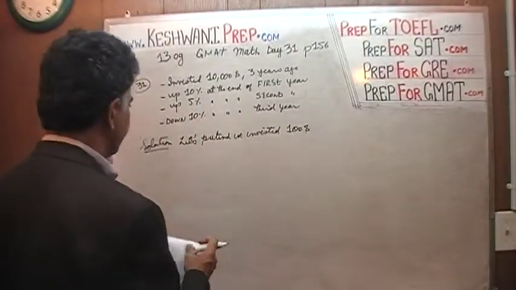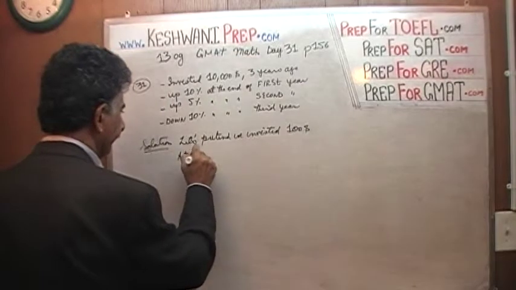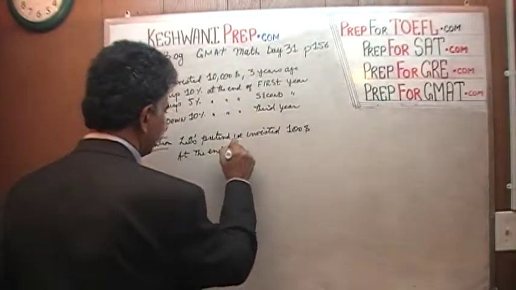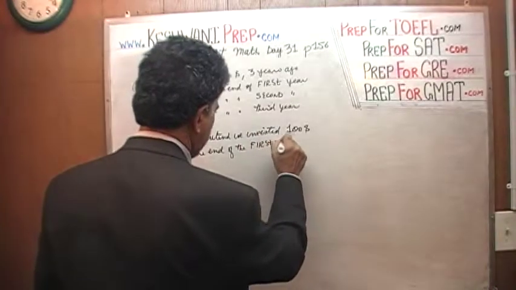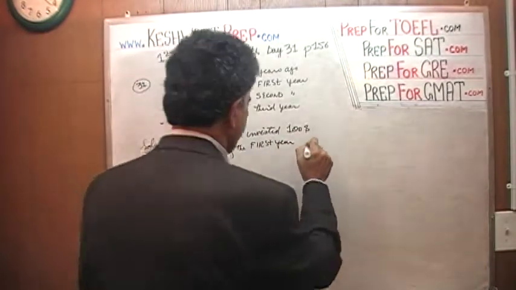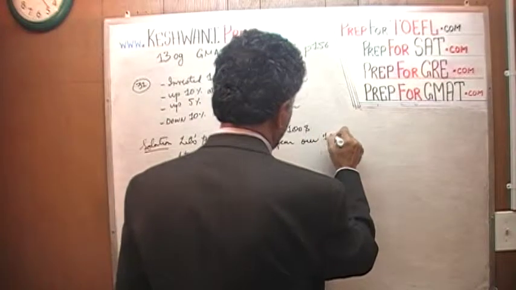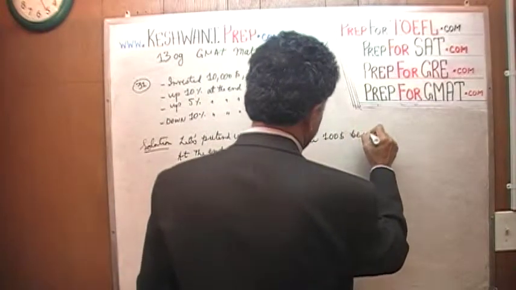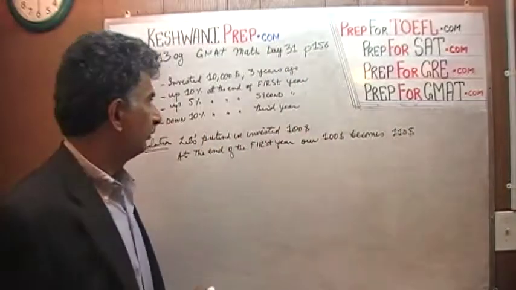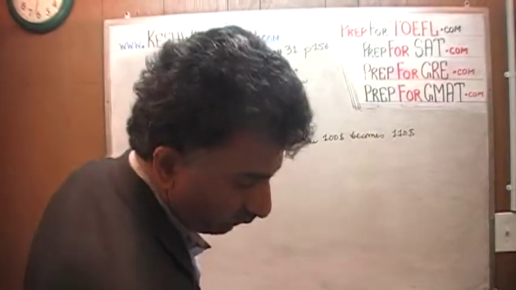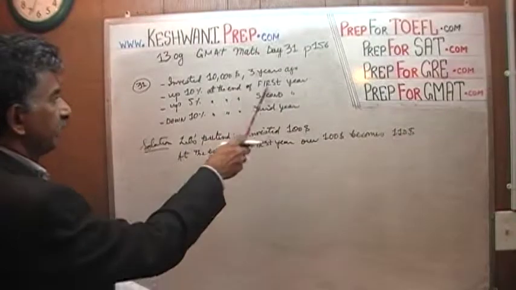So at the end of the first year, our $100 becomes $110 because we are told that the account was up 10% at the end of the first year.